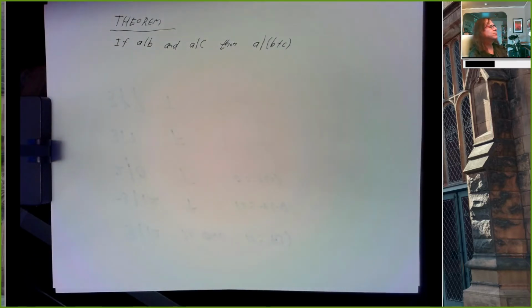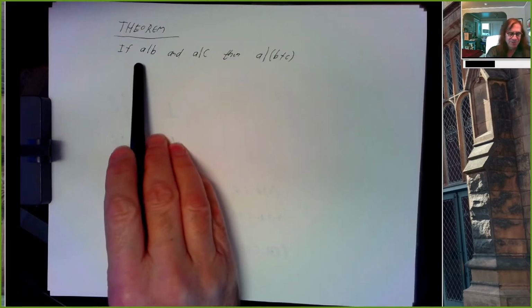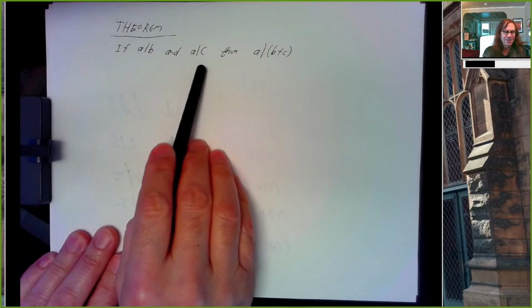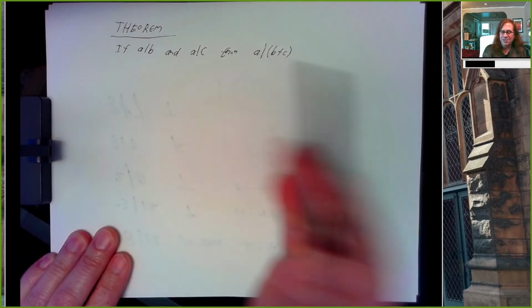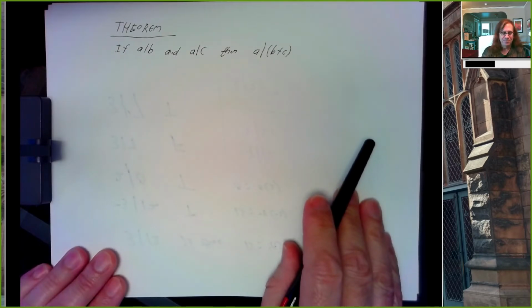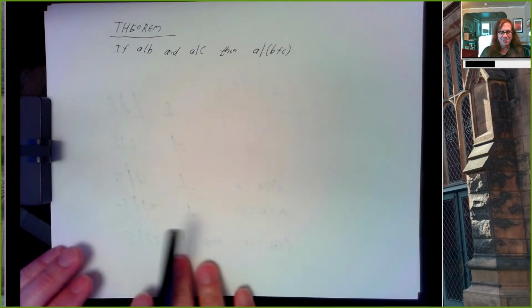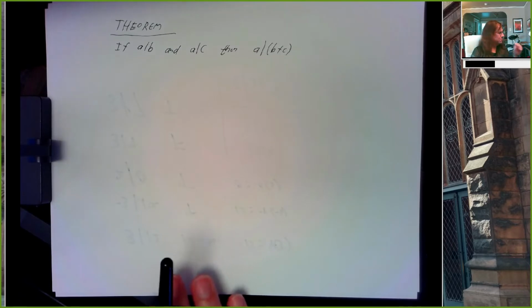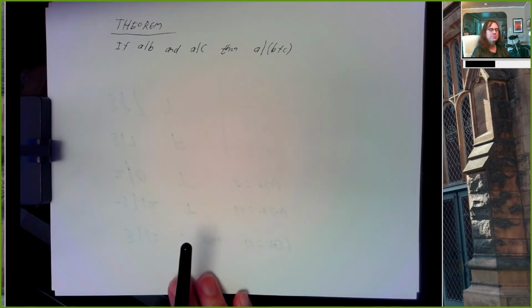So if you play around with this for different values of A, B, and C, you'll find that anything that's a multiple of A added to anything else that's a multiple of A still ends up being a multiple of A. This works out as a valid theorem when we throw examples at it. How the heck are we going to prove it?